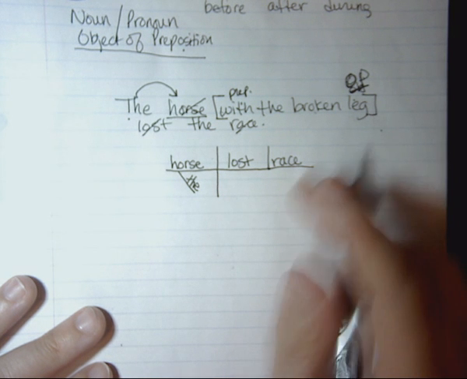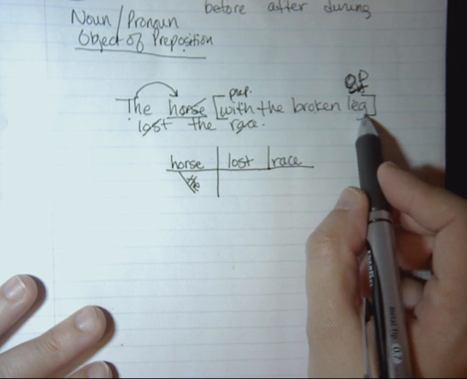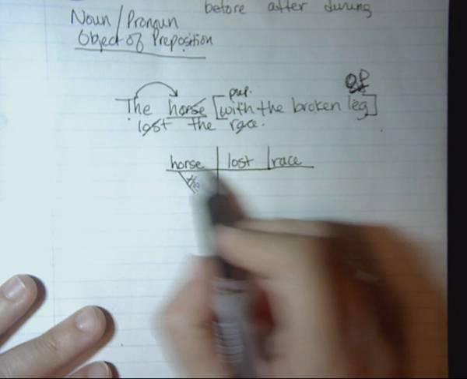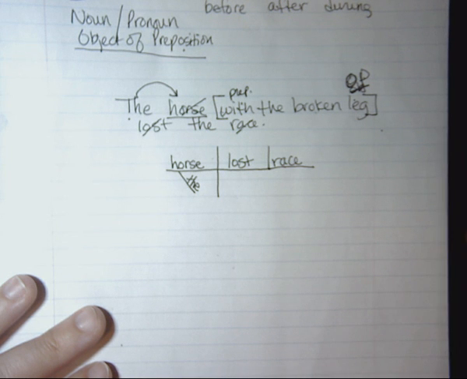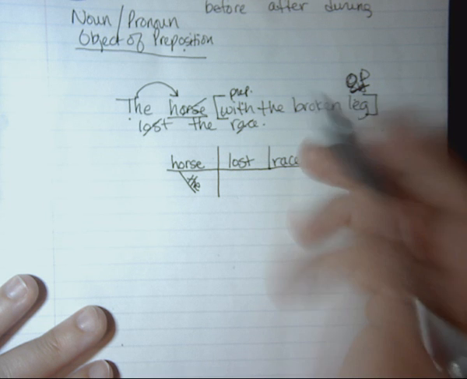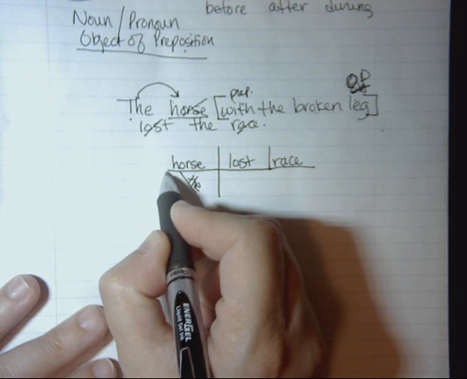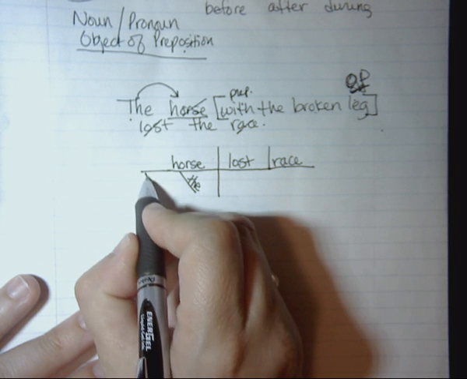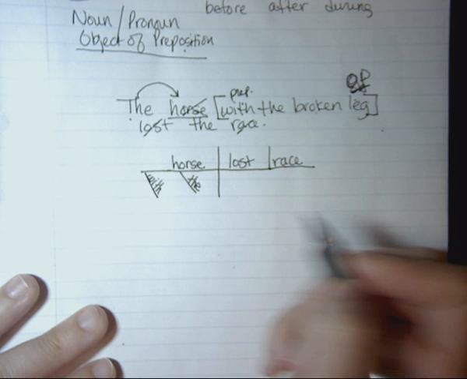Now watch how this is diagrammed, because we need to keep it together. What does with the broken leg tell us about of these three pieces? Horse, lost, or race. What does it most tell us about? It tells us which horse, right? So that whole phrase is going to go under horse. Now I'm kind of out of room here, so I'm just going to extend that line. And just like before, a diagonal, and there's our preposition.